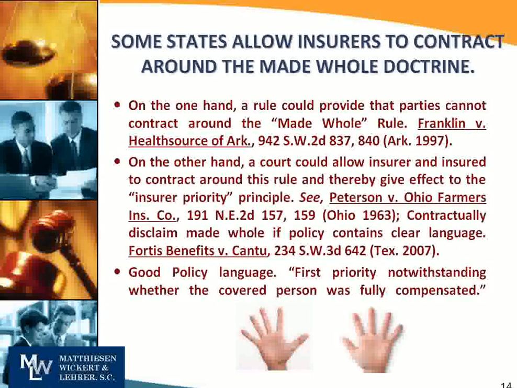But there are other cases. Peterson versus Ohio Farmer, it's an older case that's been upheld. Fortis Benefits versus Contu down in Texas, which is just a fantastic case. If you don't have that printed out for your use down in Texas, you should print it out and get it. It allows the court to contractually override the made-whole doctrine by the insurer simply asserting a first priority language in their subrogation provision. It's fantastic.